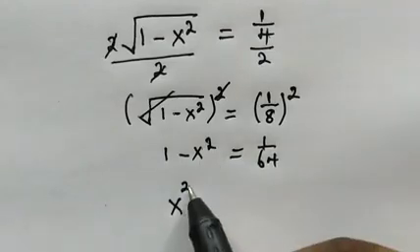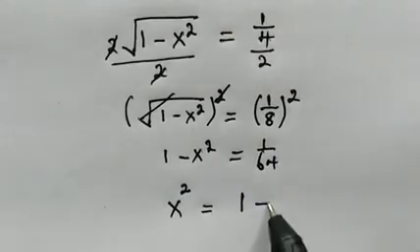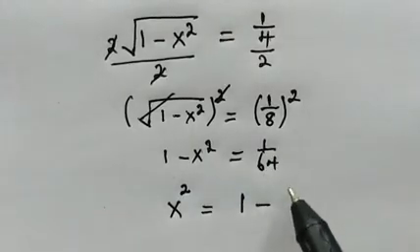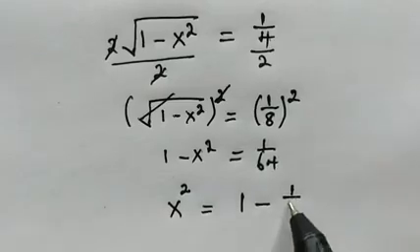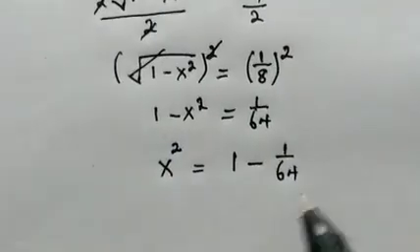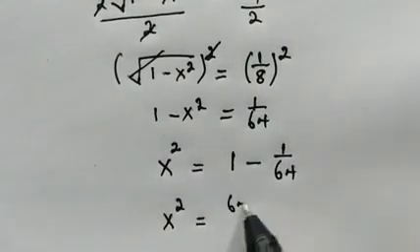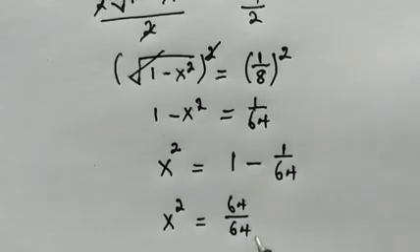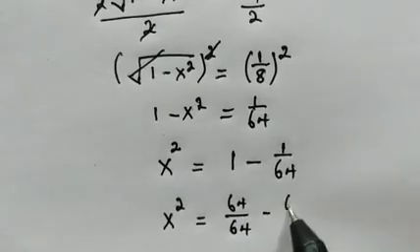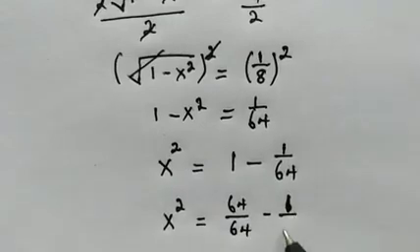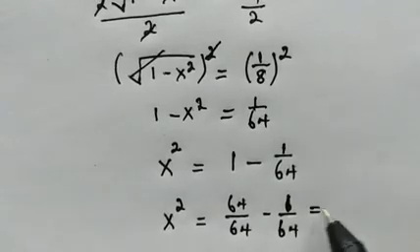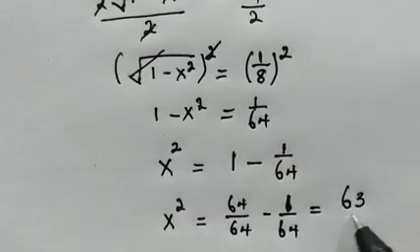X squared is equal to 1 minus the number at the right hand side, 1 divided by 64. From here we get x squared is equal to 64 divided by 64, just to obtain equal denominators, minus 1 divided by 64. Subtracting, we get 63 divided by 64.